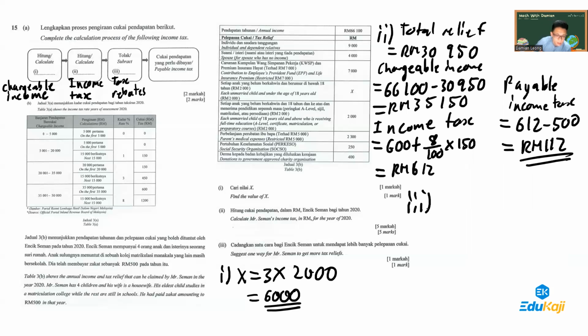The third one suggests one way for Mr. Saman to get more tax relief. So for more tax relief, you can see there are the donations. He can donate more. Medical you cannot control.